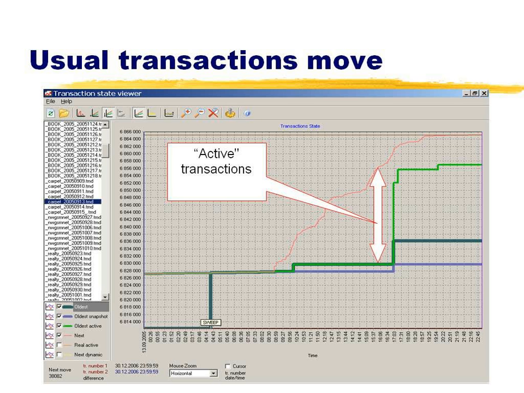So the bigger this difference, the more garbage you may have. But of course, there may be no garbage because transactions may not even change the data.